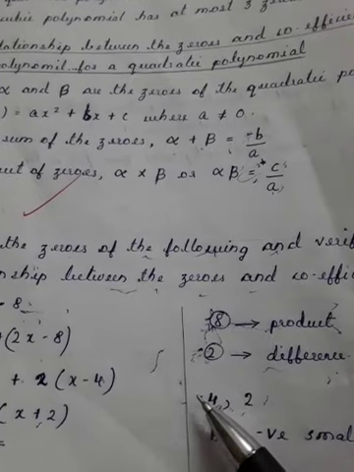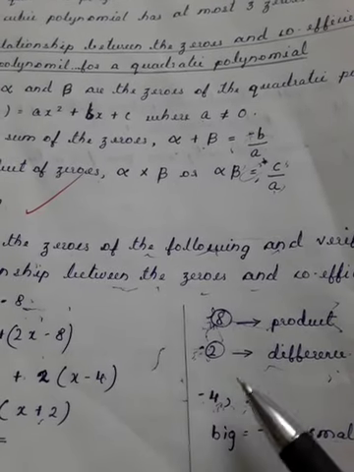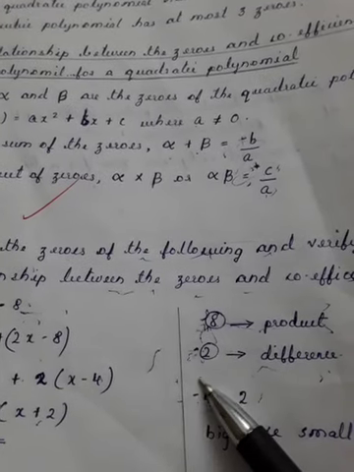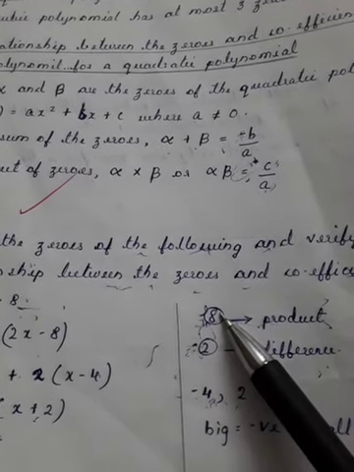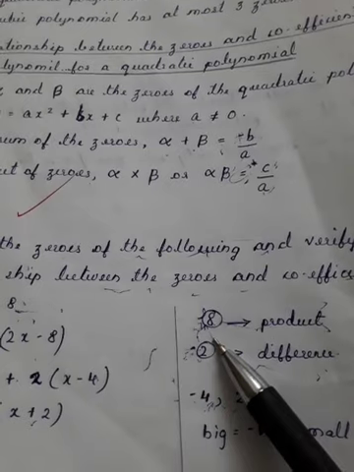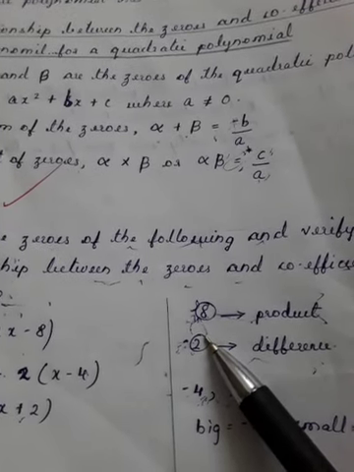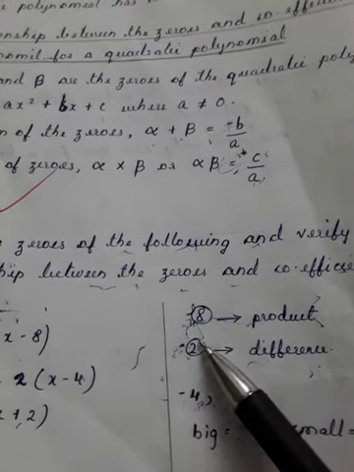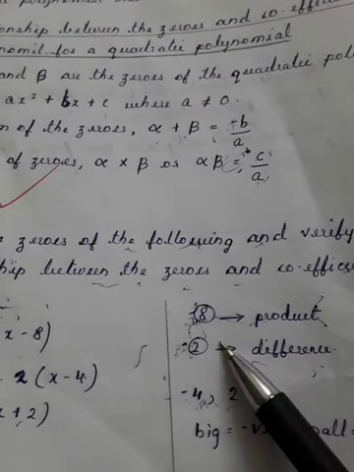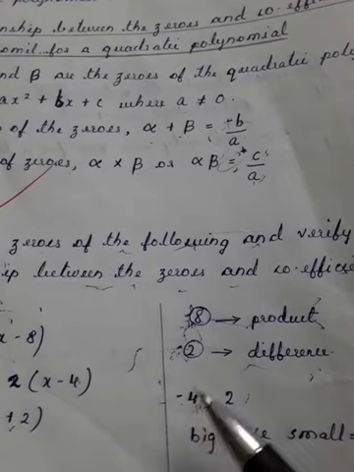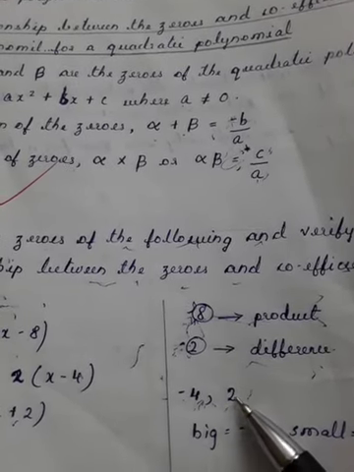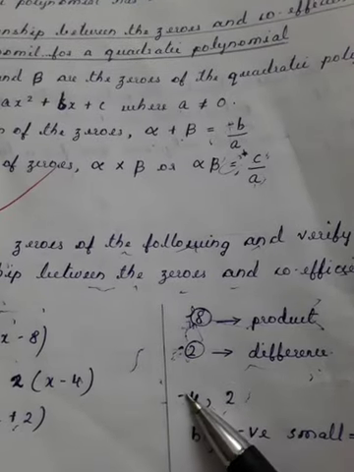Next we need to find two numbers whose product is 8 and whose difference is 2. So 1 into 8 is 8, but 8 - 1 is 7. 2 into 4 is 8, and 4 - 2 is 2. So the required numbers are 4 and 2. The bigger will be negative. So -4 and 2 are the two numbers.